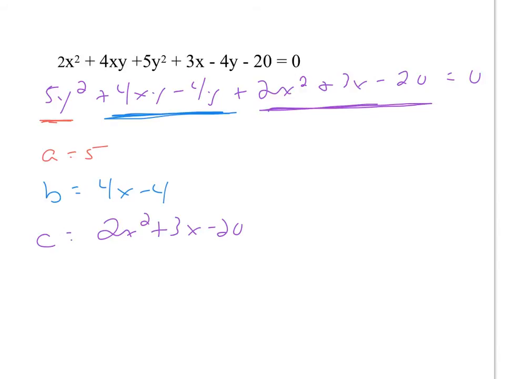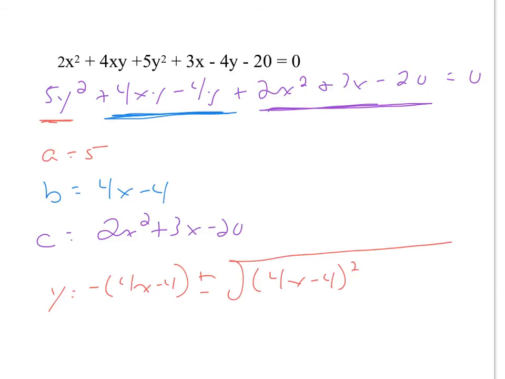I'm going to put these into the quadratic formula. So y is equal to negative b, so that's negative 4x minus 4 plus or minus the square root of b squared, which is 4x minus 4 squared, minus 4 times a times c, and of course c is this whole thing right here.